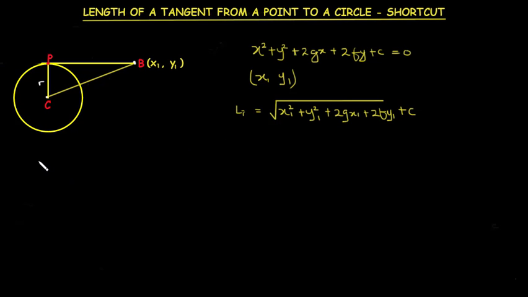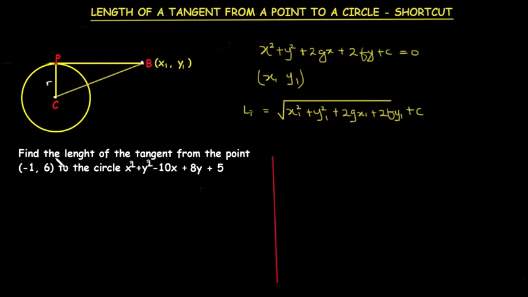So let's take, for example, find the length of the tangent from the point -1, 6 to the circle x squared plus y squared minus 10x plus 8y plus 5 equals 0.